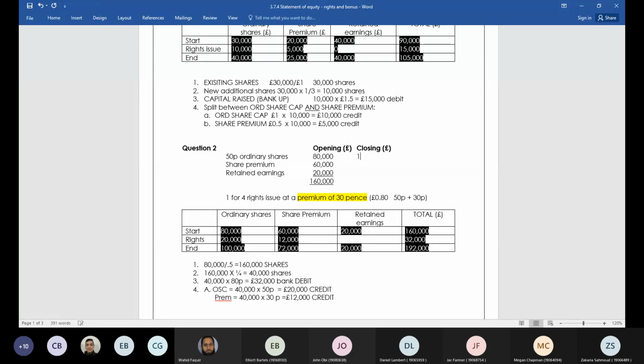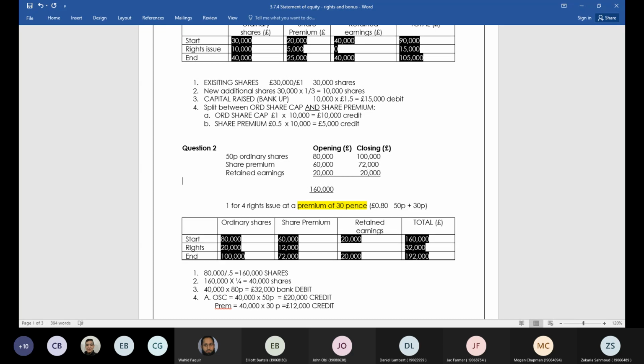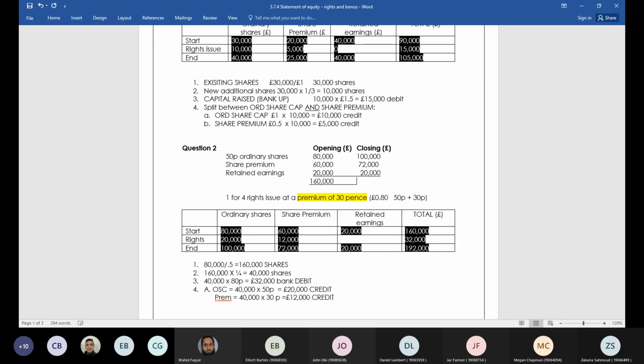Closing balances, bottom line, 100,000. Premium's gone up to 72,000 and retained earnings have not changed. Okay, good, done.